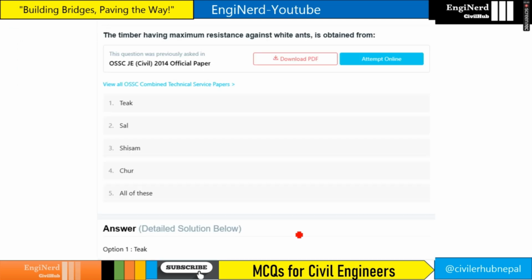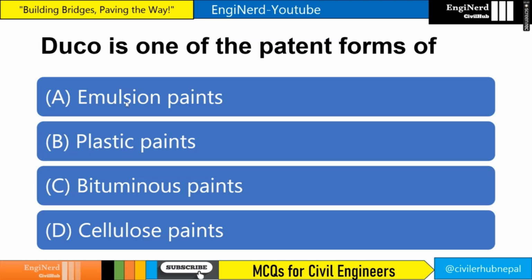So it is up to you. And also from the textbook.com, it is given as teak. The answer is teak. So I think the book of Agor has created confusion among the students and among the teachers as well. So it is up to you what you like to tick.